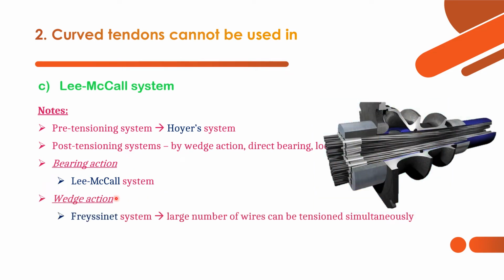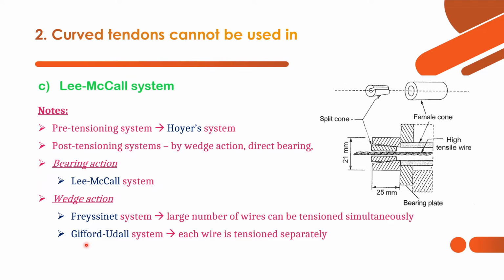Similarly, for wedge action, we can use Freyssinet system. In Freyssinet system, we are using a large number of wires that can be tensioned simultaneously. You can see here, this is a group of a large number of wires or tendons that can be tensioned at the same time.